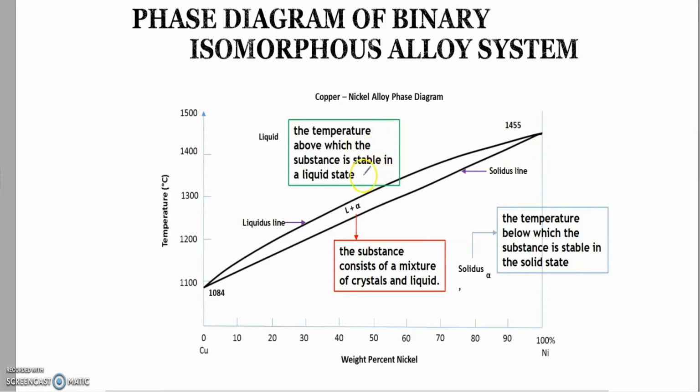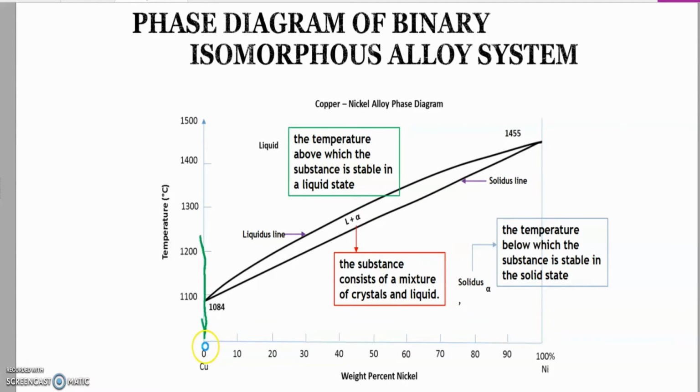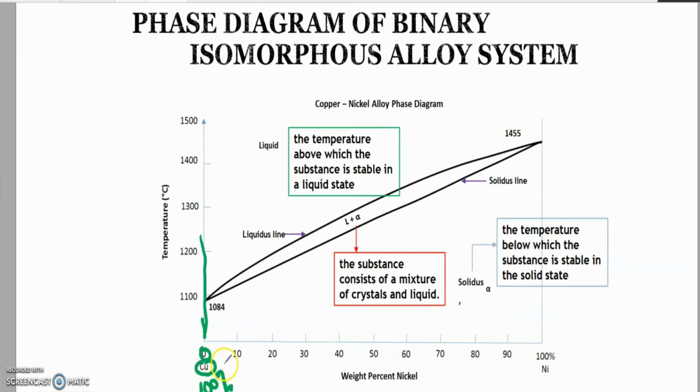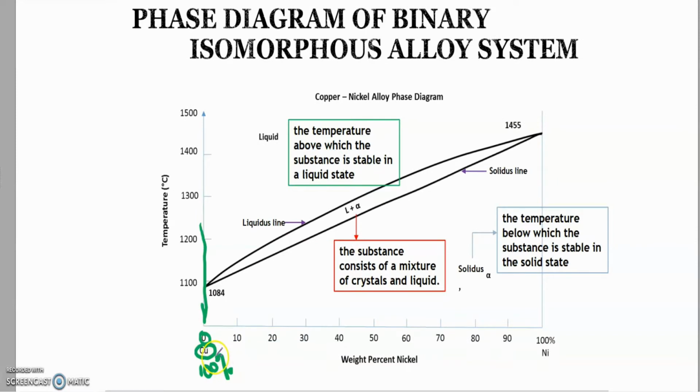Okay, in the left edge on the phase diagram, ni kita panggil left edge lah, kiri tepi, represent pure copper. Dia adalah pure copper, bermaksud kat sini kalau kamu tengok kosong untuk copper sebenarnya dia adalah 100% kandungan copper.